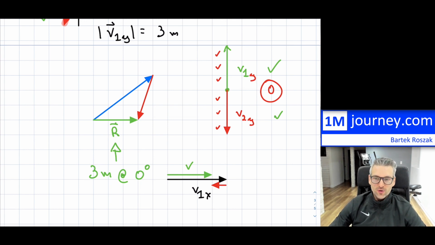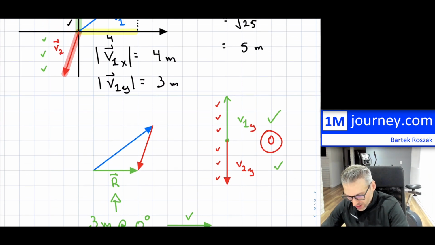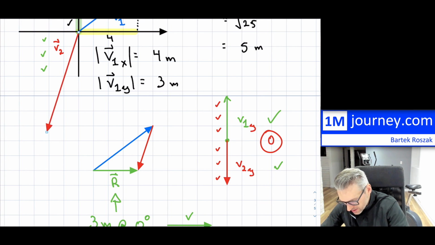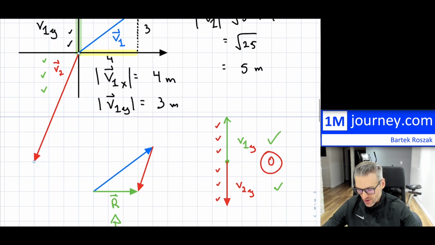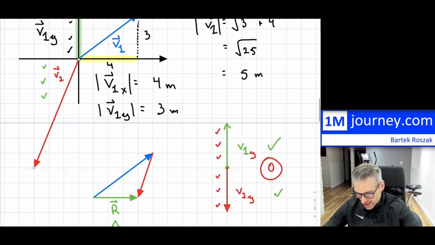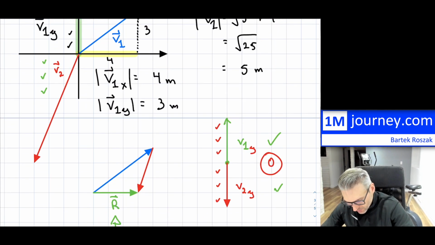Now, is it always going to be 0? No, it won't always be 0, because imagine that I take my component and span it out, let's say it was something all the way over here, heading in that direction. That was my actual V2. Now if I take those two, I'm going to copy this.